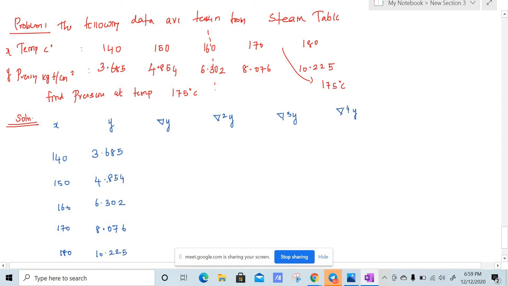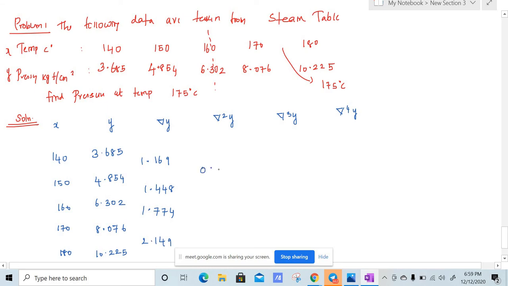Nabla y: again subtract, 4.854 minus 3.685, it is 1.169. 6.302 minus 4.854, it will be 1.448, and this will be 1.774, this is 2.149.